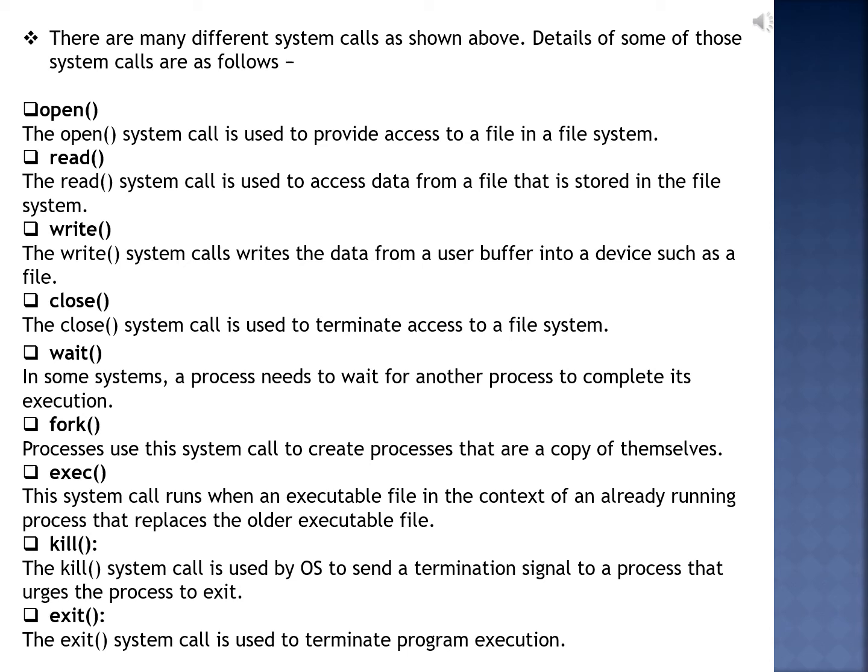The exit system call is used to terminate program execution, especially in a multi-threaded environment. This call defines that the thread execution is complete. The operating system reclaims resources that were used by the process after the use of the exit system call.